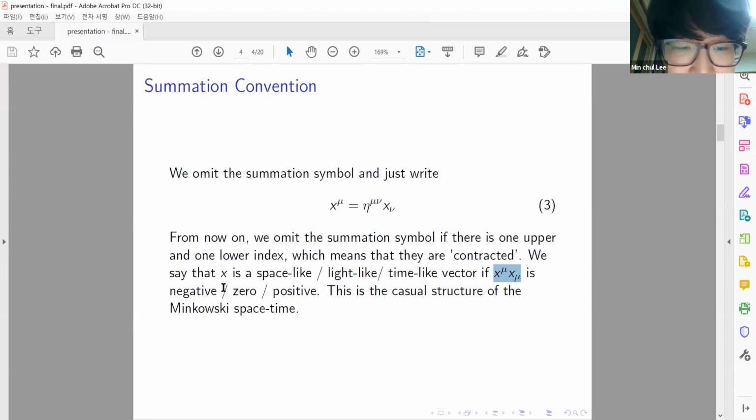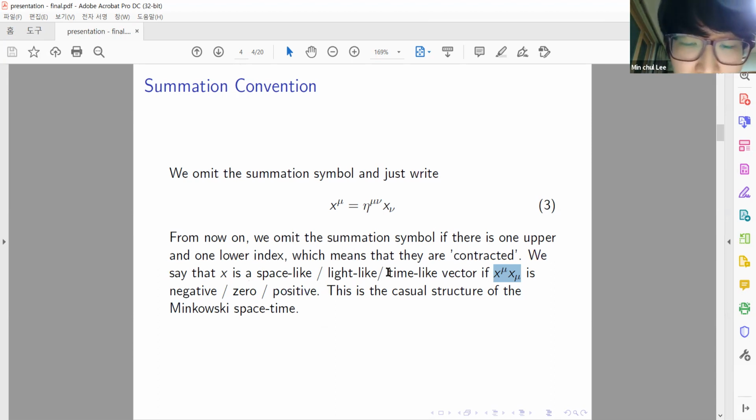A space-like vector has the physical meaning that it cannot be linked to the origin by light, or by anything that is slower than or of equal speed to light. Light-like means that x can be connected to the origin only by light, and time-like means that x can be linked to the origin by something that is slower than light.